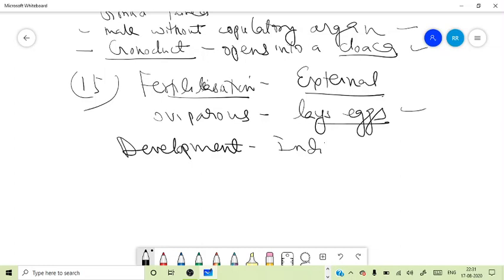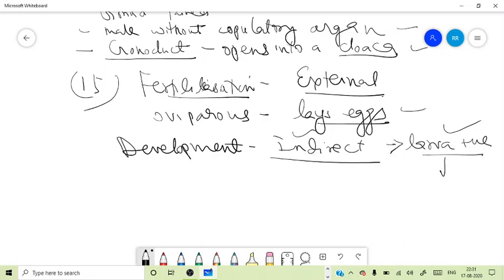That means a larval stage is present in the life cycle. Indirect development means a larval stage is present in the life cycle, and it metamorphoses into an adult.